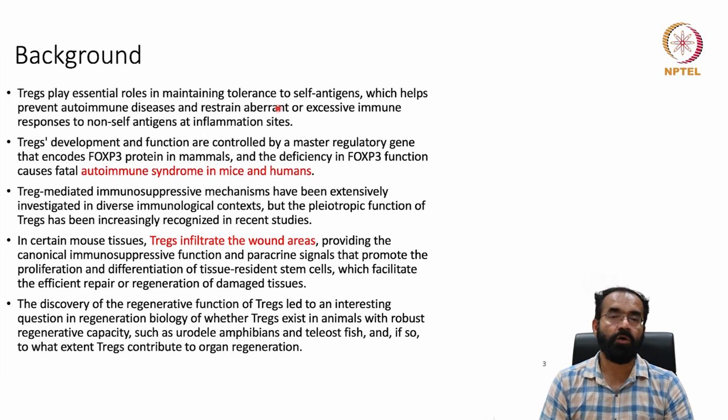If any of your organs are now a target of your own immune system, that organ will be damaged, and T-Regs play a major role. T-Regs help to prevent autoimmune disease and restrain aberrant or excessive immune response to non-self antigens. Self antigen means your own proteins, non-self antigens and at the inflammation site.